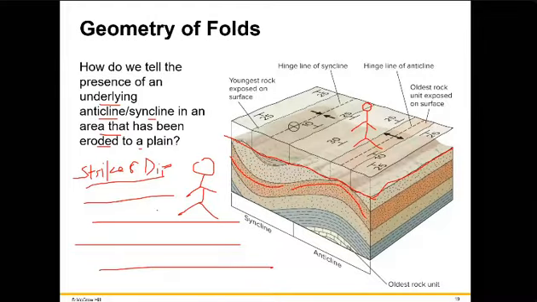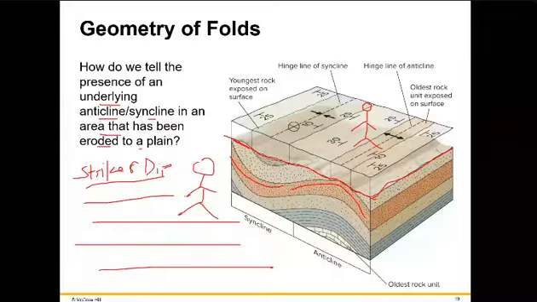Let's assume this first layer here. What you observe is that the beds are striking in this direction, but they are dipping in this direction, by what? 25 degrees. Okay, 25 degrees.